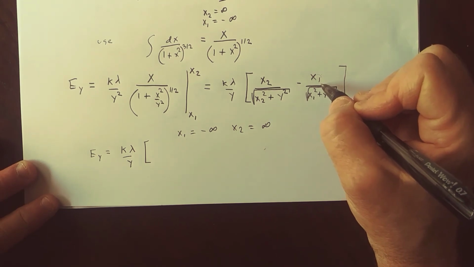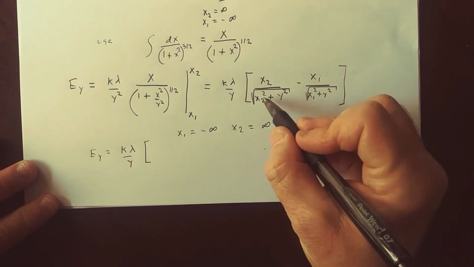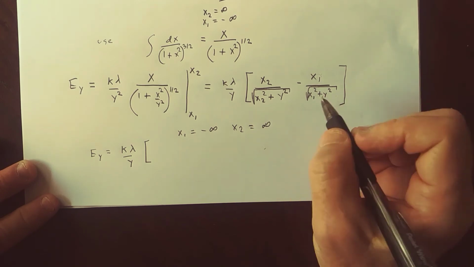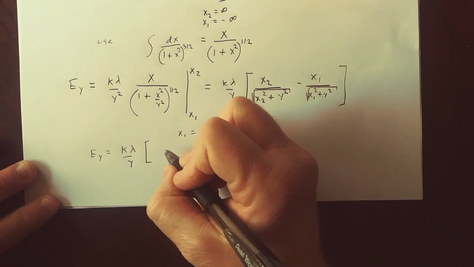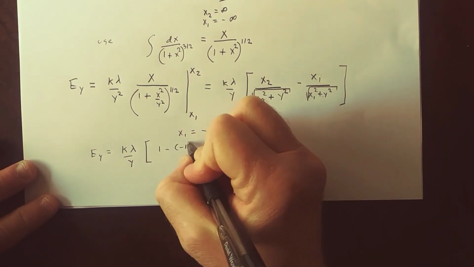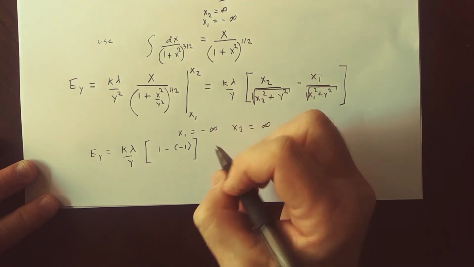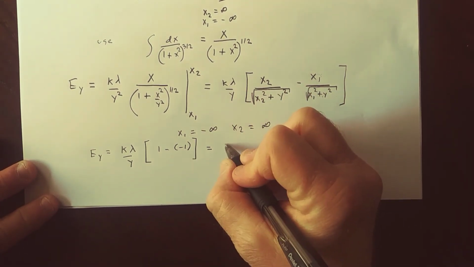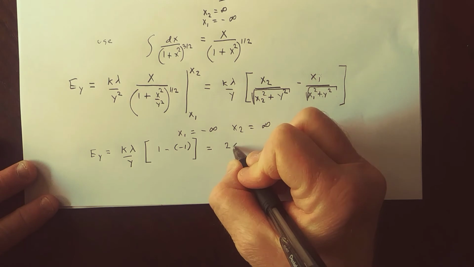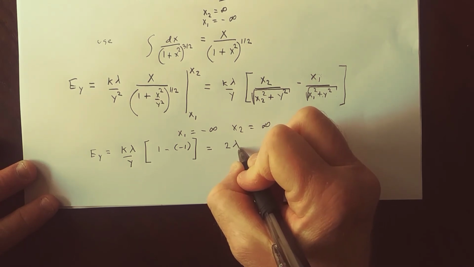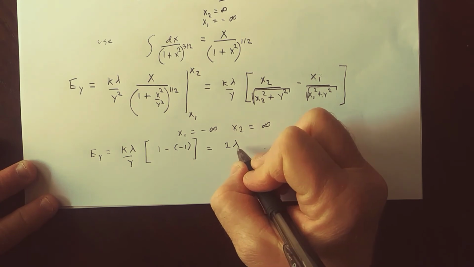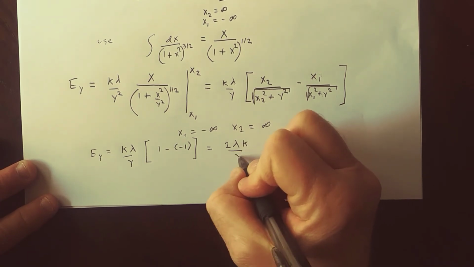So we actually get, and then we have infinity underneath and infinity here underneath, so we get 1 plus 1, or it's really 1 minus minus 1. And so the y component is 2 k lambda over y. Sorry, I had left the k out.